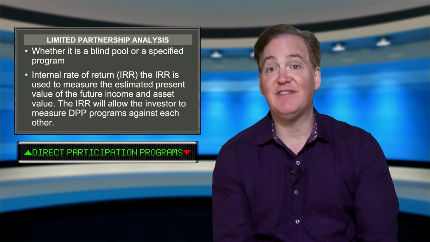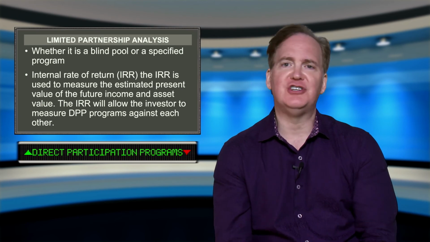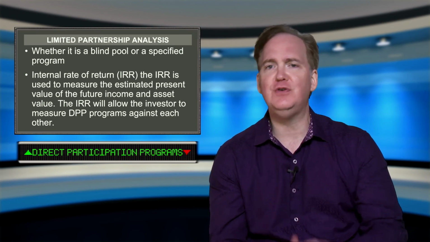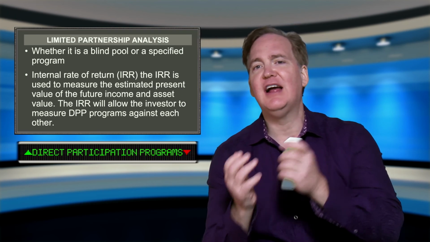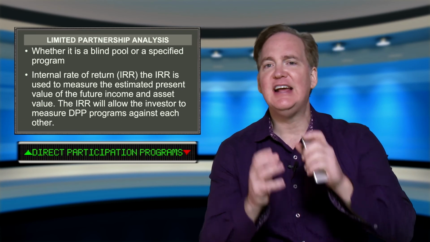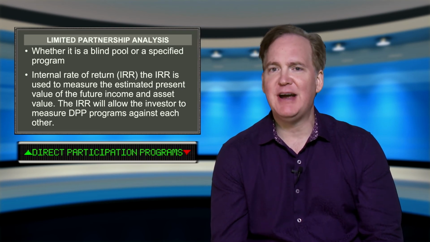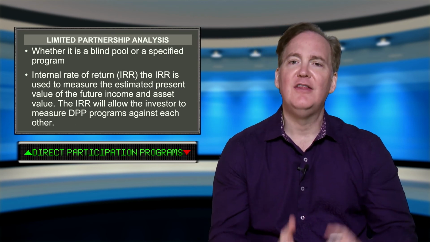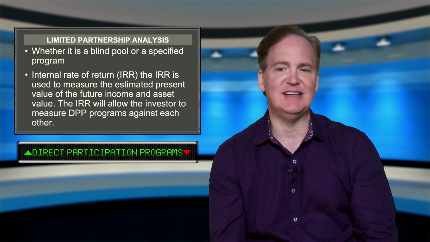We just haven't identified which ones we're buying yet. A limited partnership's internal rate of return is used to measure the performance of one limited partnership against another. The internal rate of return is the investor's overall return for participating in that partnership. And the higher the IRR, the better the partnership's performance is.